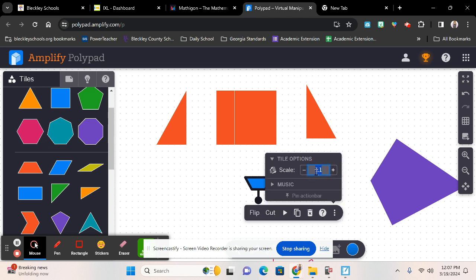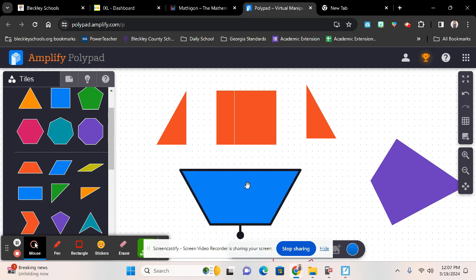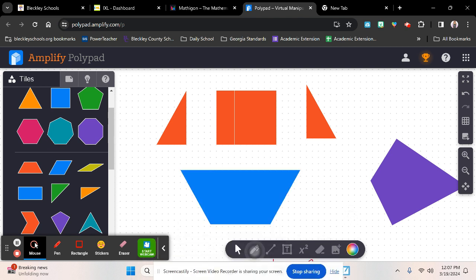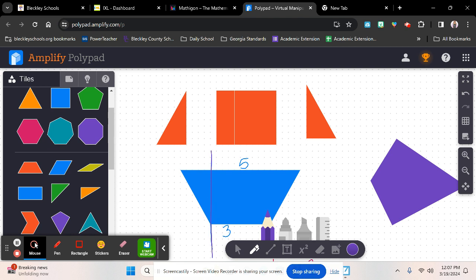On your paper, it has an upside down trapezoid like this, and it has it measured from the top base as 5, the bottom base as 3, and then if you cut it, we cut it there as 2. Okay, and we cut it apart.